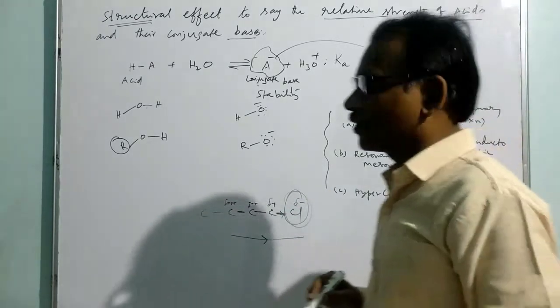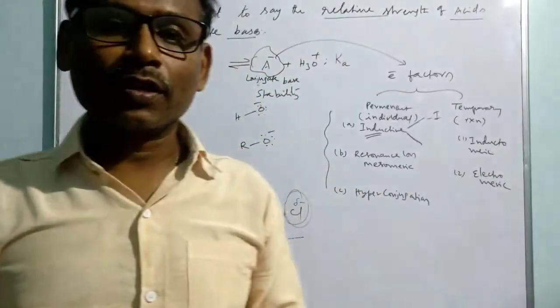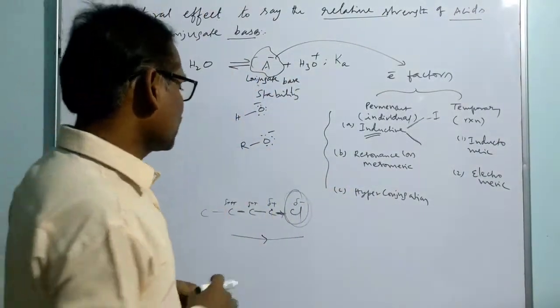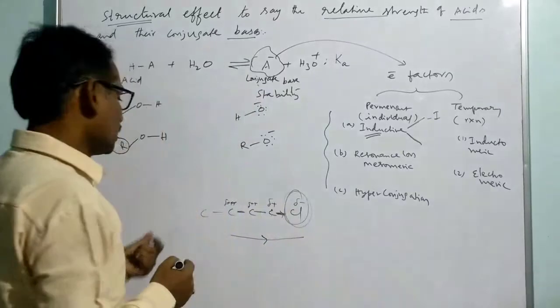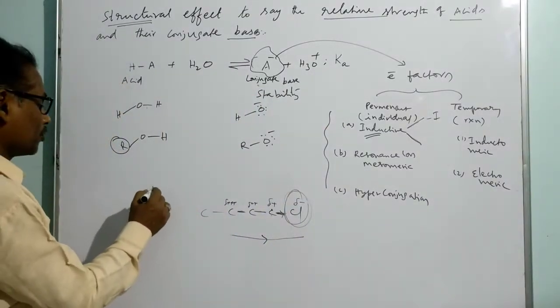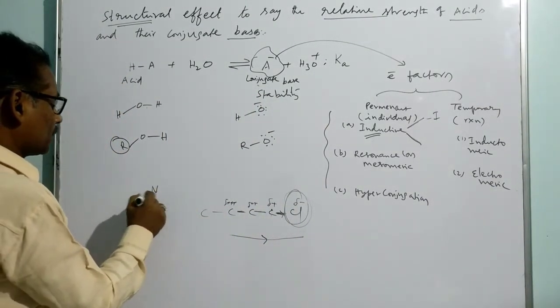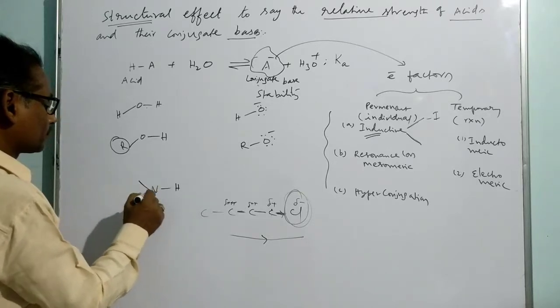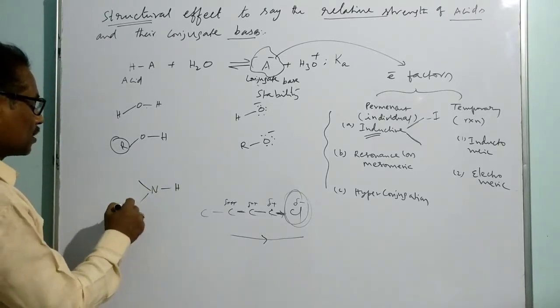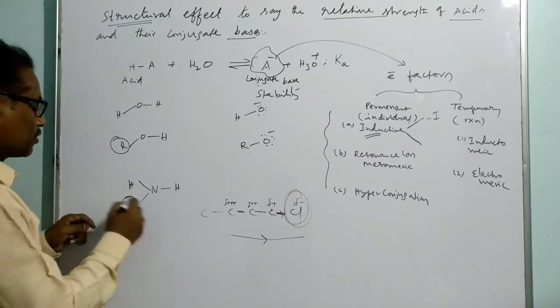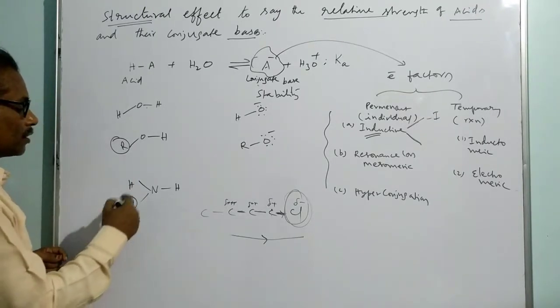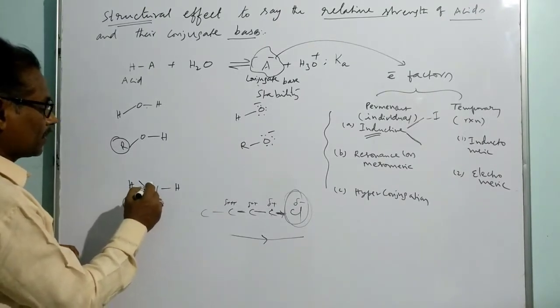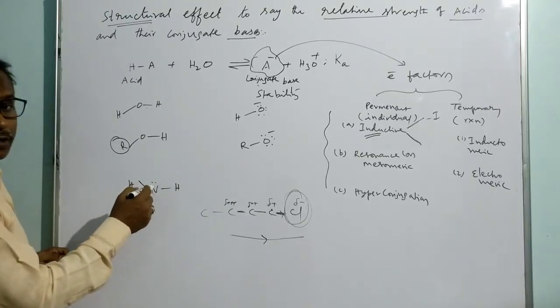So we have inductive effect of two types, the minus I effect and the plus I effect. The plus I effect happens, for example, if you take ammonia, a derivative of ammonia. In this case, if hydrogen is replaced with some alkyl group, then what happens? The electron density increases over nitrogen.